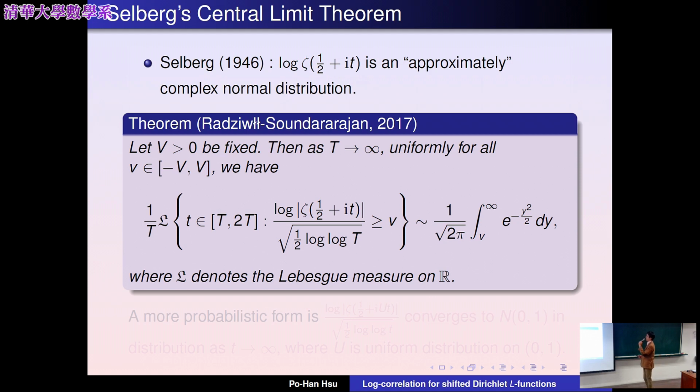Recently, or say after Selberg's original work, in 2017, Maxime Radziwill and Kannan Soundararajan gave a new proof of this classical theorem, the Selberg central limit theorem. And the precise formulation is like this. By the way, in Selberg's work, he did it for the whole complex function, but for Radziwill and Soundararajan, their method is for the real part of zeta only.